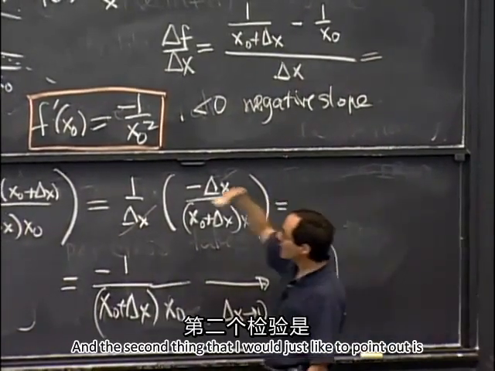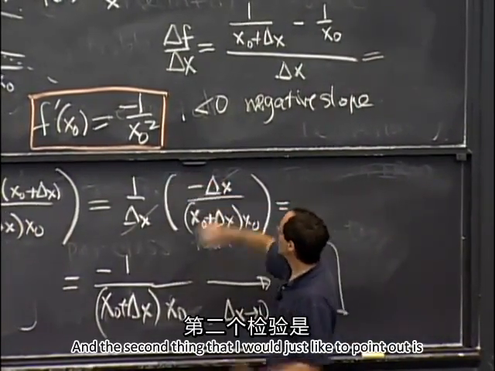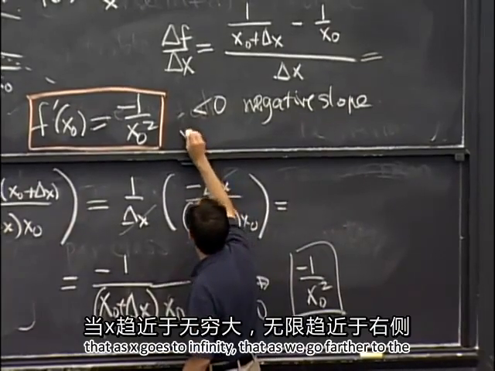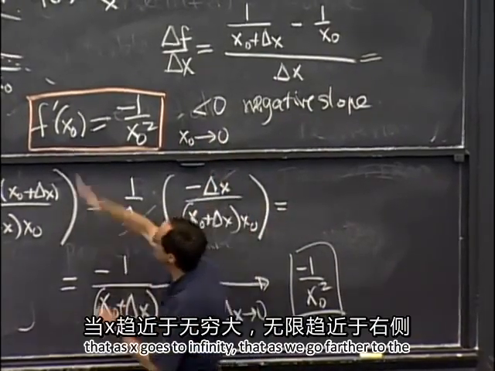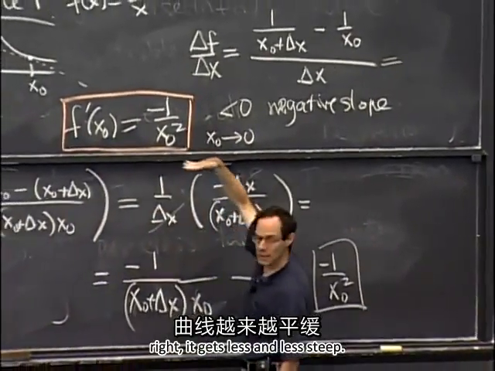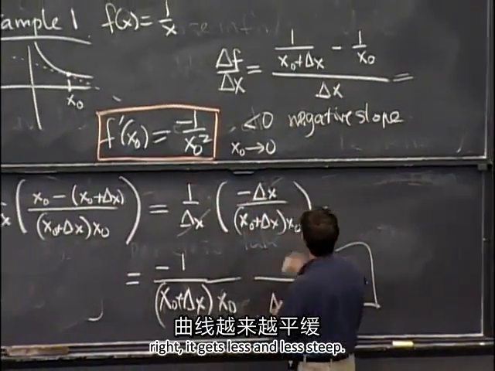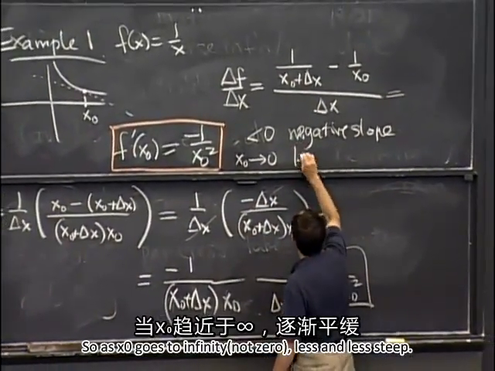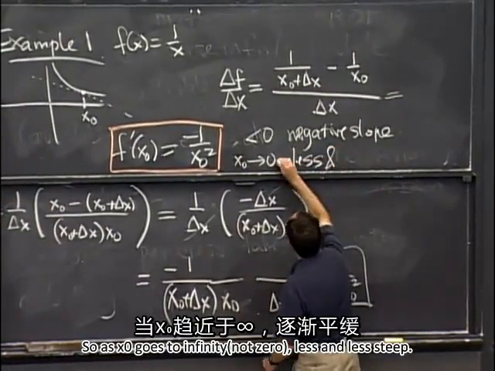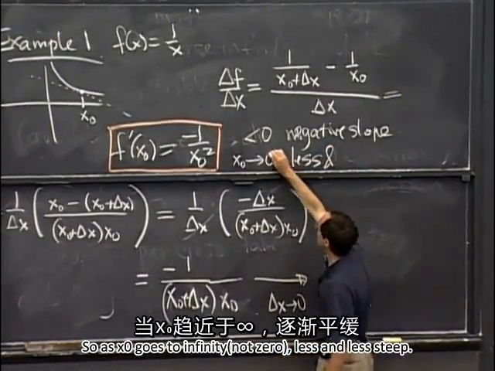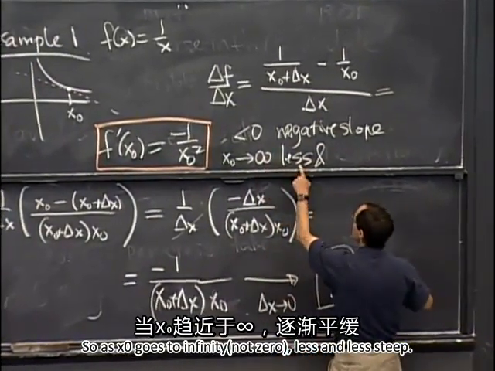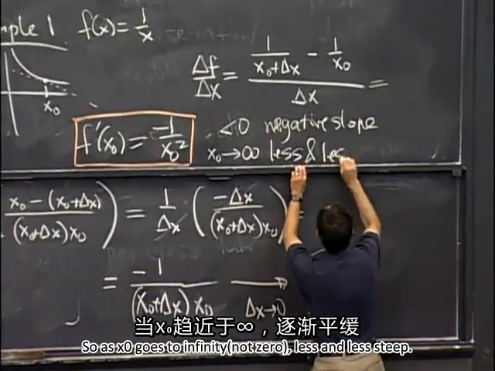And the second thing that I would just like to point out is that as x goes to infinity, that is, as we go farther to the right, it gets less and less steep. Whoops, as x0 goes to infinity, not 0. As x0 goes to infinity, less and less steep.